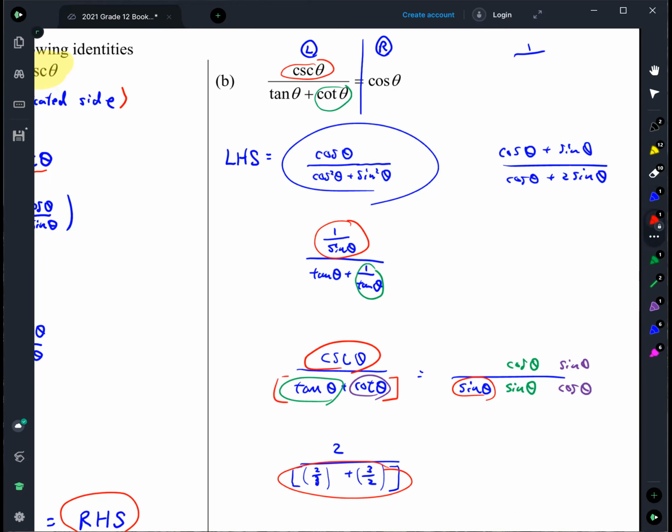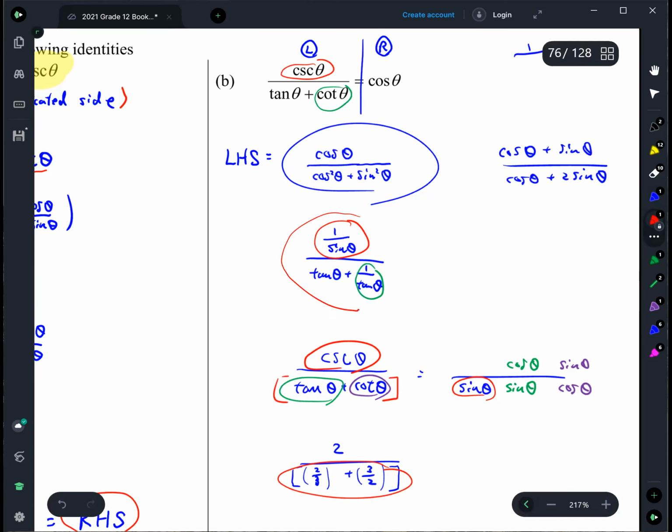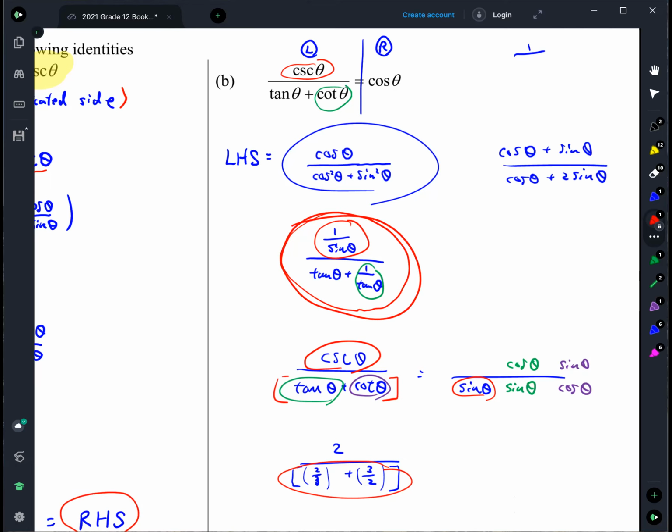Okay, so let's go back up. So far, the only answer that I can follow is this one, even though this one is not just sine or cosine, okay? Does anyone have a different answer that's just in sine and cosine?